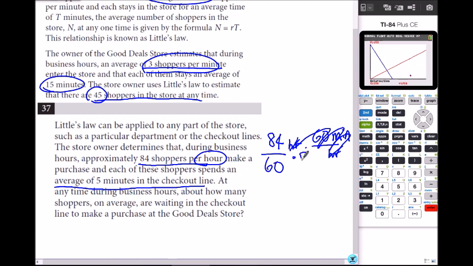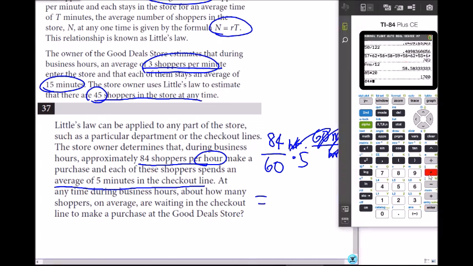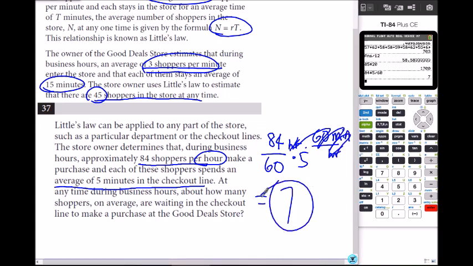You just multiply these two together to get the average number of people in the store. So 84 times 5 divided by 60 is 7. So about 7 people on average.